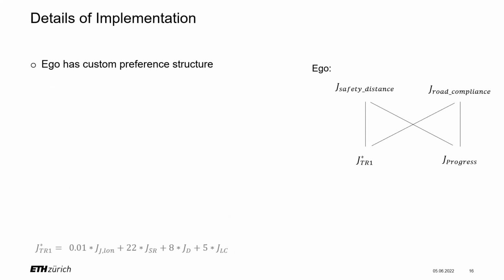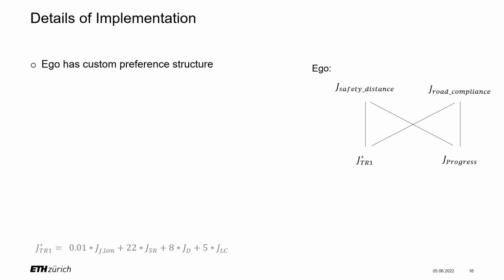And the details of implementation are that the ego has such a preference structure we are giving. The highest priority is keeping a safety distance from the other vehicles and being road compliant. The feasibility is already encoded in the trajectory generator. And then as secondary objectives, we are minimizing the tier 1 cost and the progress along the reference.